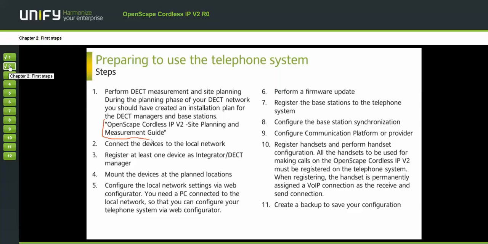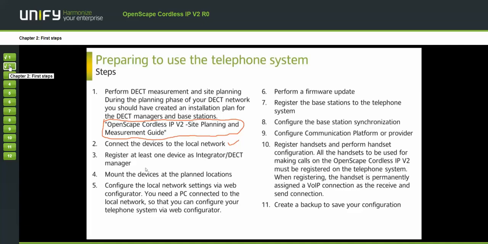If you have 2 clusters, you need 2 DECT managers. Then you mount physically the devices at the plant location. Configure your local network settings via the web configurator. In that case, you need a PC to connect to the local network so that you can configure your telephone system via the web configurator.